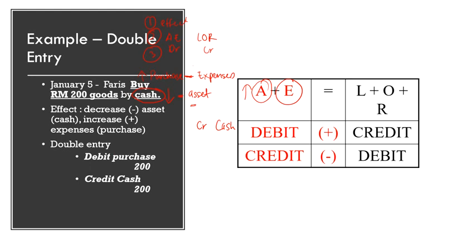When expenses increase, so it is on the debit side. So what account is involved here? It is the purchase account. So you tulis nama dia purchase. How much? 200 ringgit. So 200 ringgit, 200 ringgit. This is how you're going to determine the double entry for every transaction. You must follow this step. Okay.